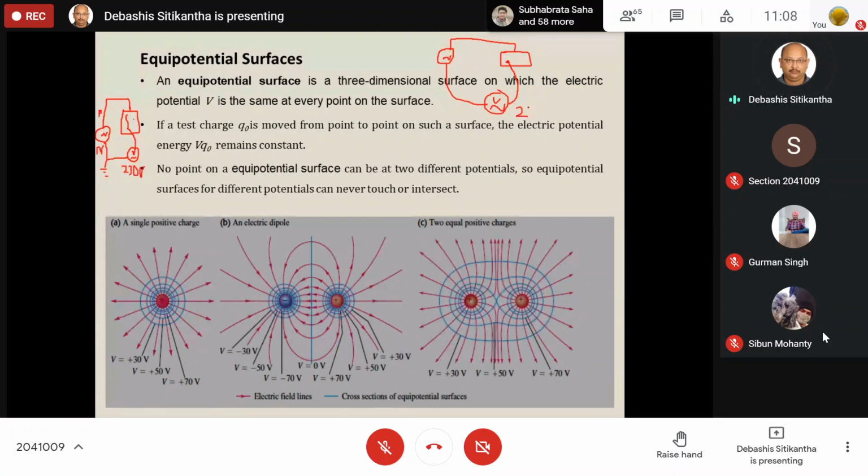Let me say it is showing a reading of 230 volt. Now, instead of connecting it to this point, suppose I connect it to this other point. Can you please tell me what will be the reading of the voltmeter?